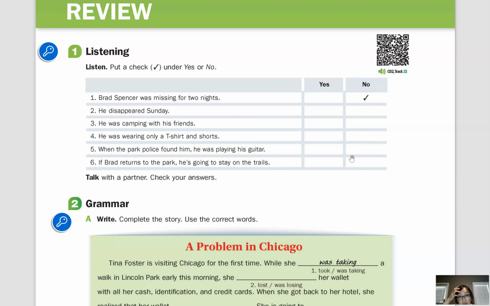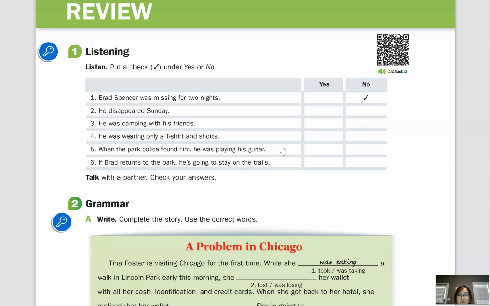Okay, and let me ask a follow-up question to number 5. When the park police found him, he was sleeping next to the fire. So let me ask, or how about this? You make a question, and the answer is at 6 o'clock Monday morning.